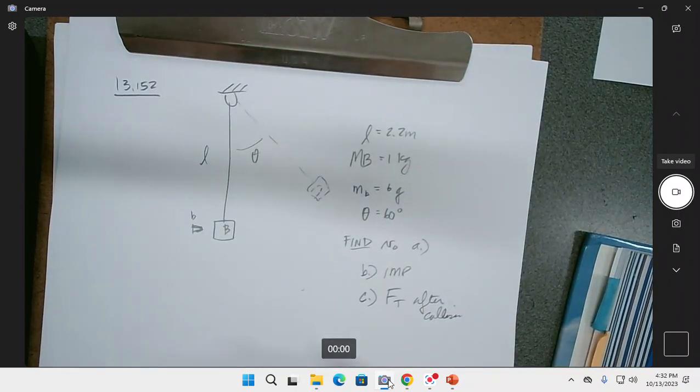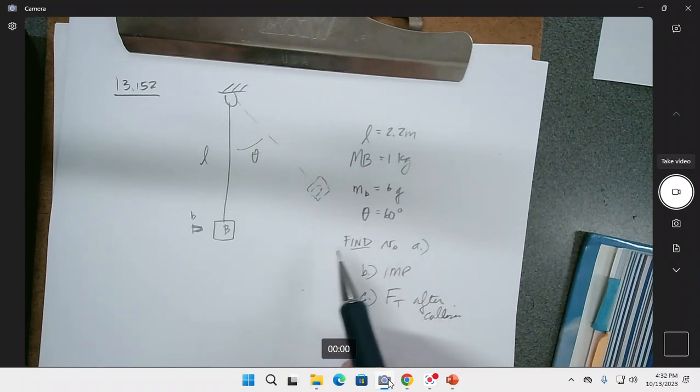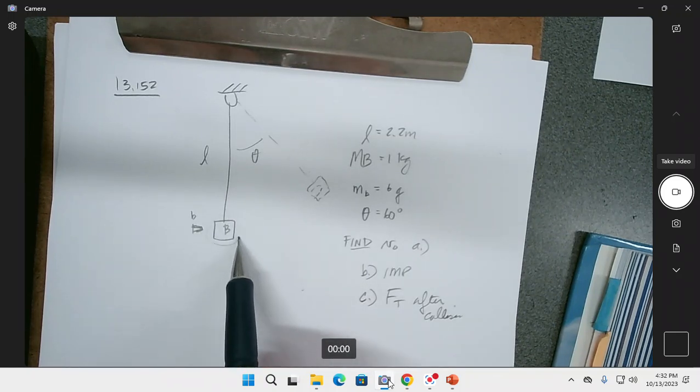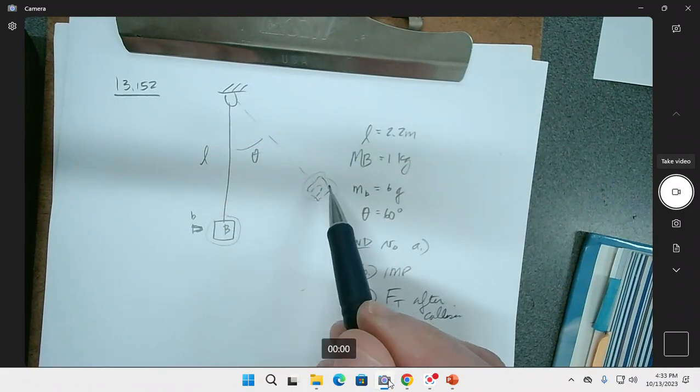So the thing to do is to work backwards with work and energy. You see why? Because this kinetic energy right here turns into potential energy.